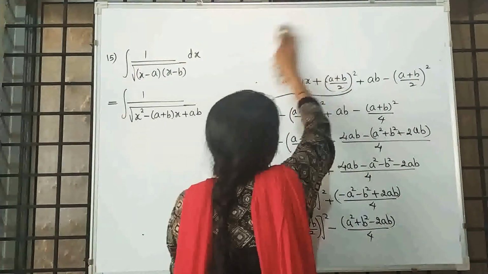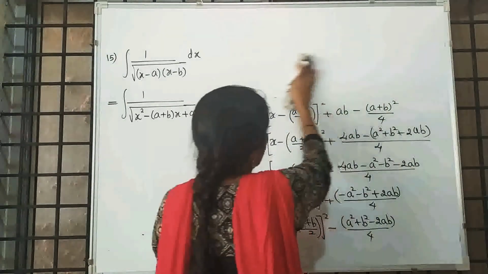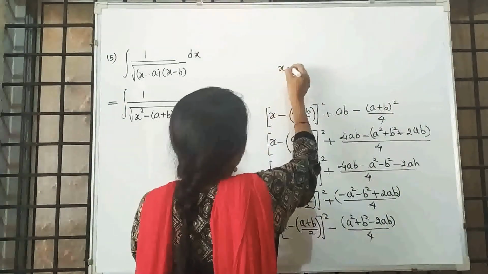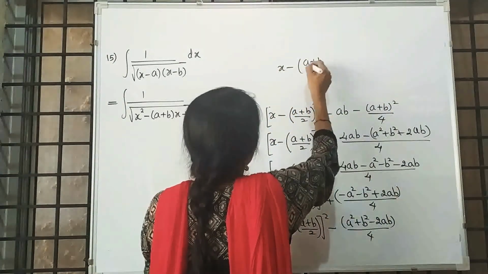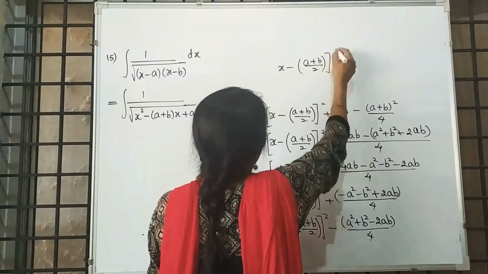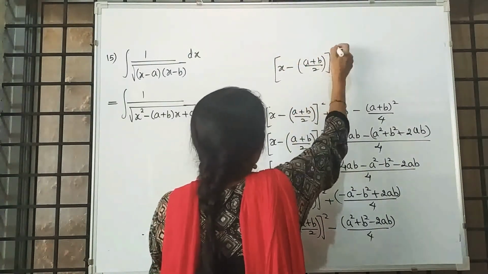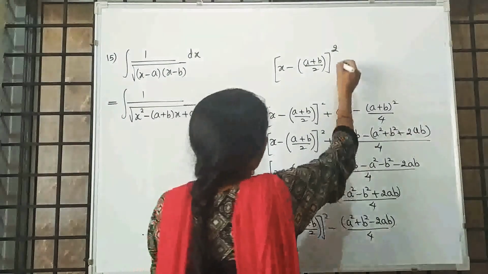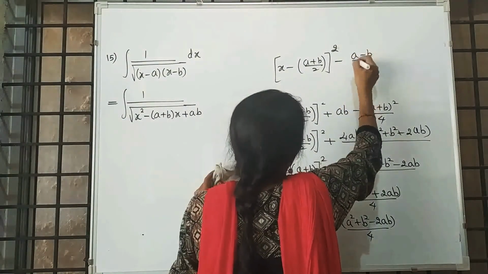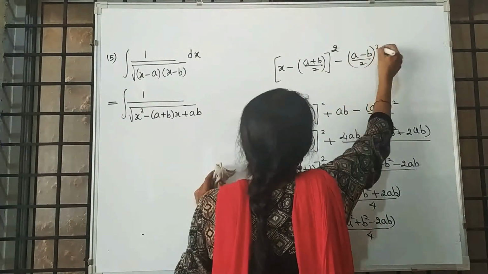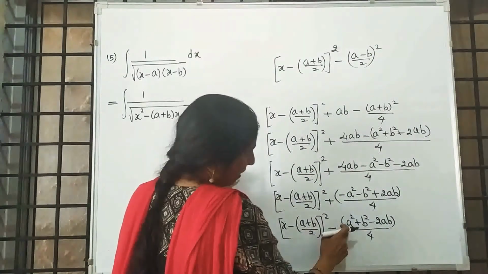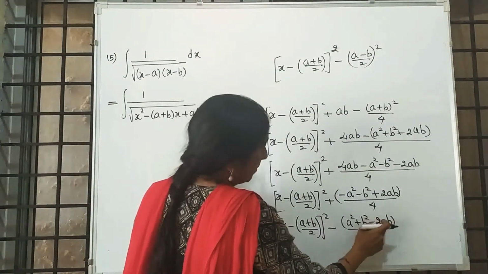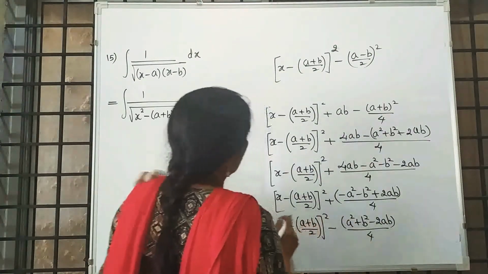Or we can write it as x minus (a plus b) upon 2 whole square minus ((a minus b) upon 2) whole square. Correct or not? a square plus b square minus 2ab is (a minus b) whole square, upon 4.